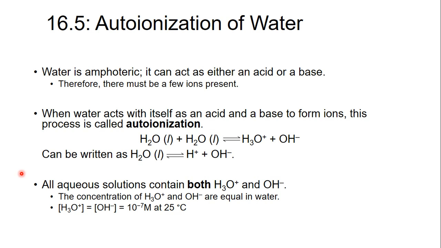Now, any aqueous solution, any solution that has water in it, has both H3O+ and OH-. And these concentrations are equal in pure water. If you have a sample of just water, the amount of H3O+ and OH- will be the same. And at 25 degrees C, these concentrations will equal 10 to the minus 7 molar.